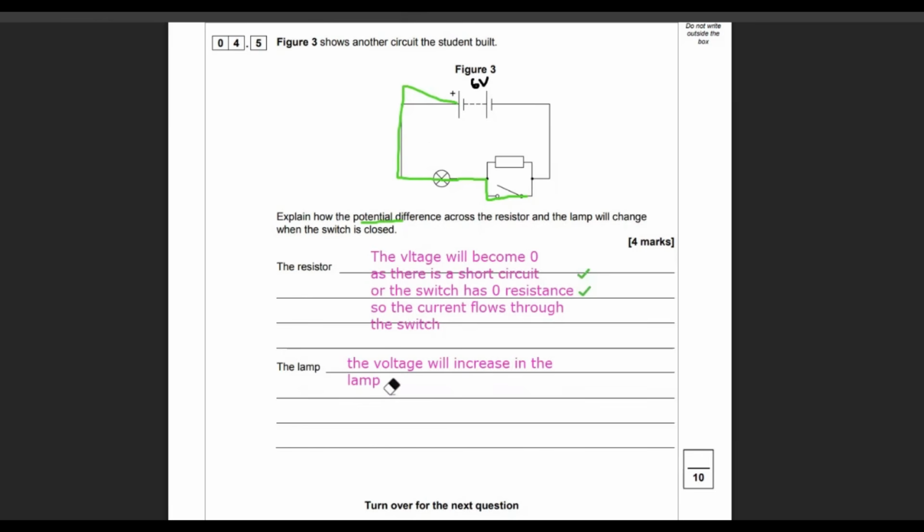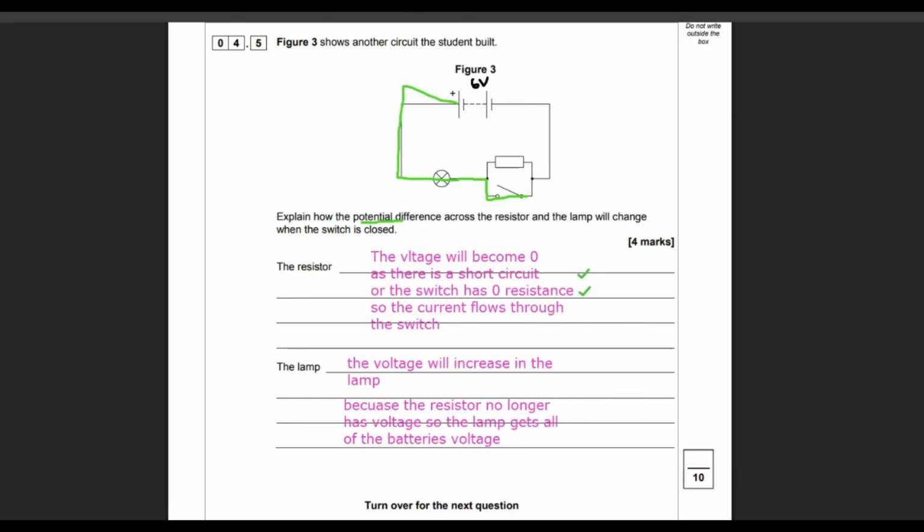So the voltage will increase in the lamp, we could say, because the resistor no longer has voltage. The lamp gets all of the battery's voltage, or we can say the voltage is the same as the battery.